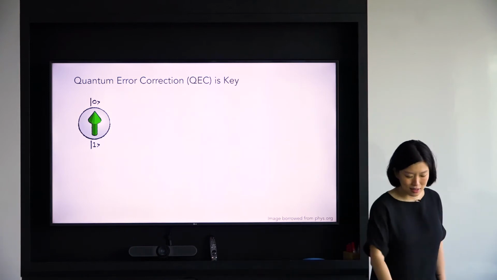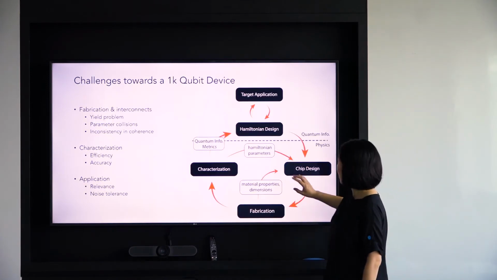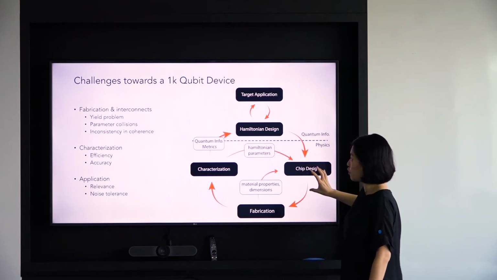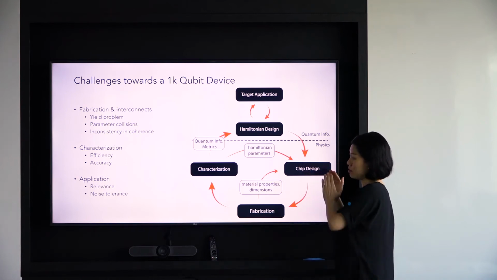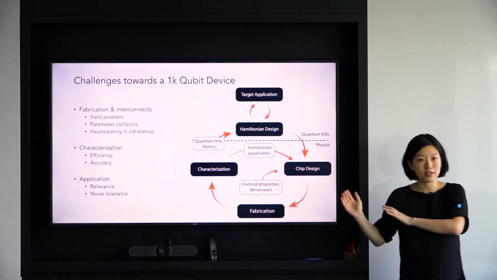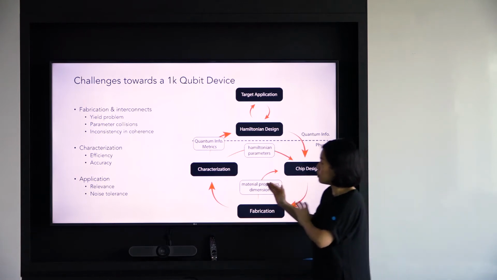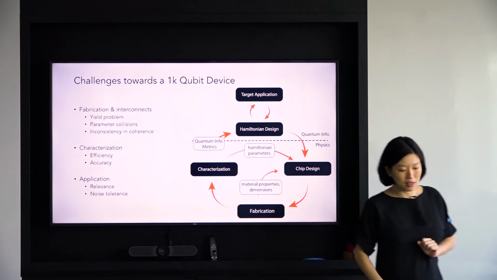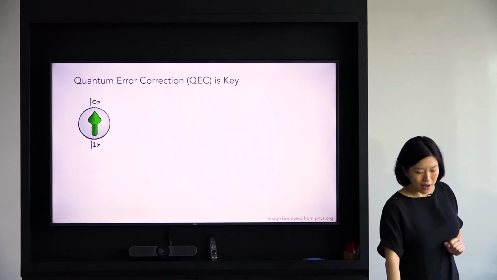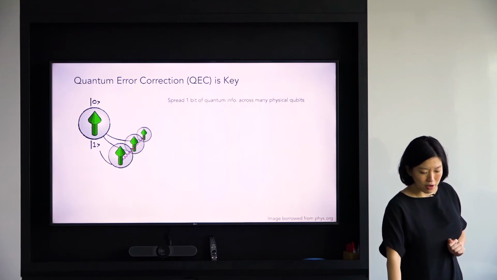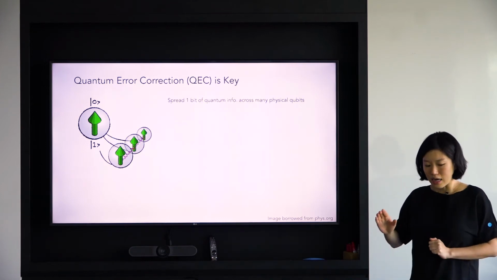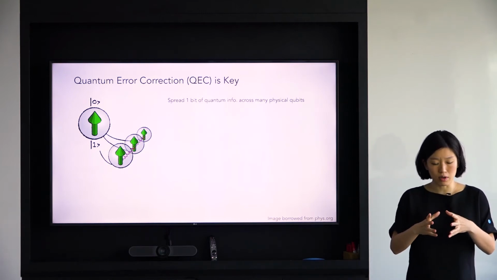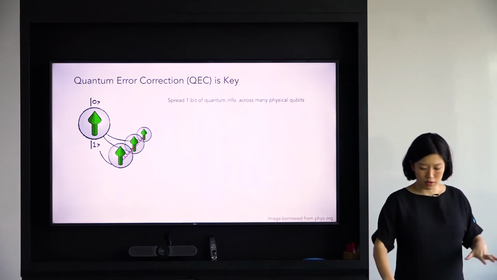What that means is that on each of these small chips, we do something such that individually they're very robust, and then you reproduce these individually robust things in a certain way, such that maybe you can avoid some of these potentially really challenging bottlenecks that we might face. Okay, so just very briefly, quantum error correction basically requires us to spread one bit of quantum information into several different physical elements.